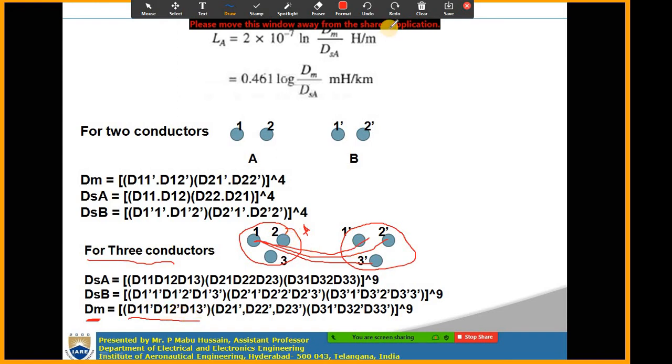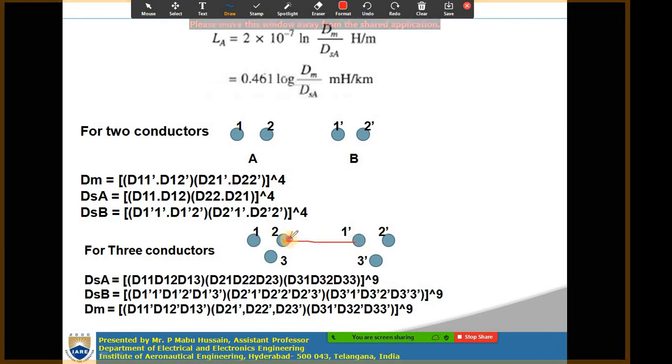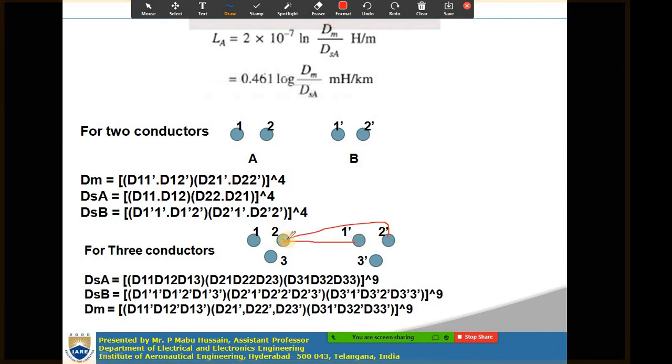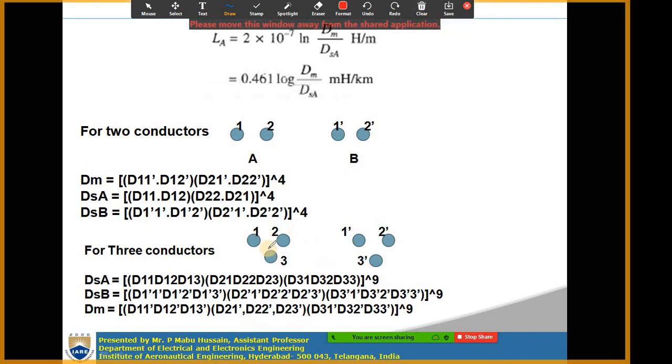Then after that you take the second one and write all the mutual distances, which are D21', D22', D23'. So, this is the second term. Then after completing this, you have to write a third one: D31', D32', D33' is the third product term.